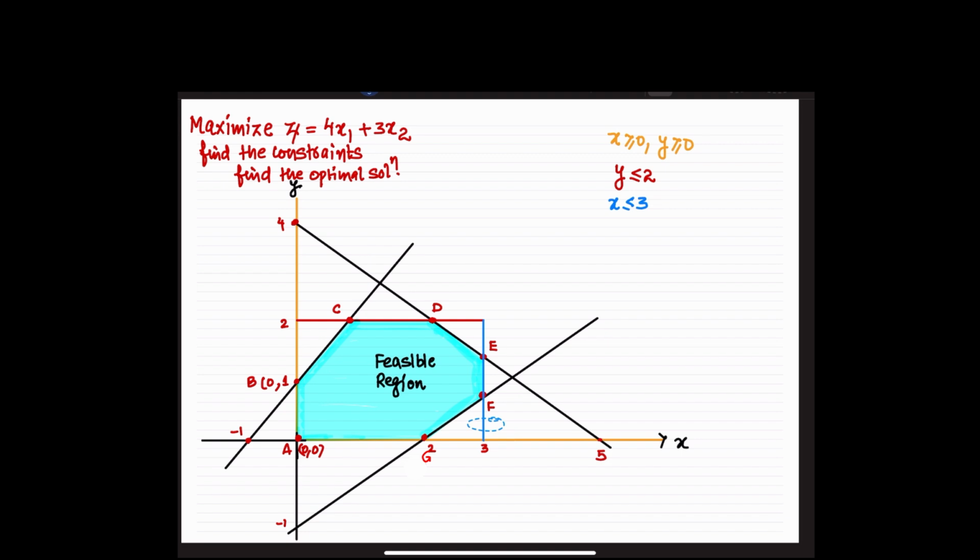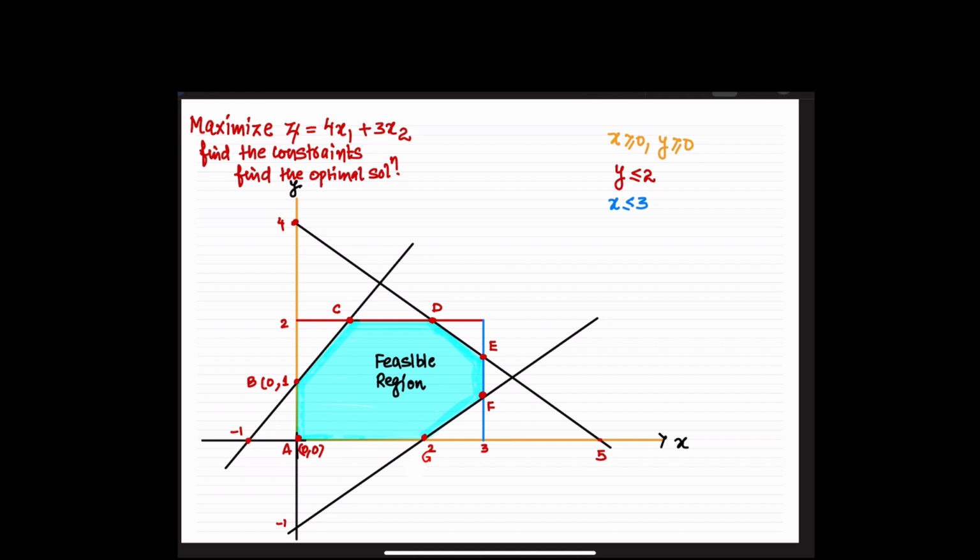Next we find the non-trivial constraints. Let's focus our attention on this constraint. To find the equation of a line, what you need is 2 points. The first point through which this line is passing is (0, 1). The next point is (-1, 0).